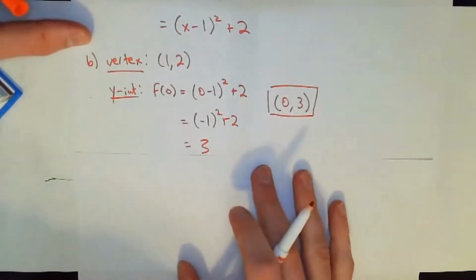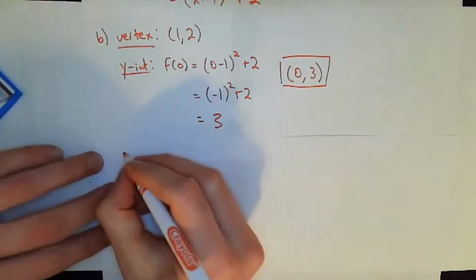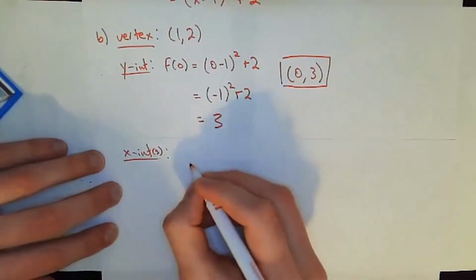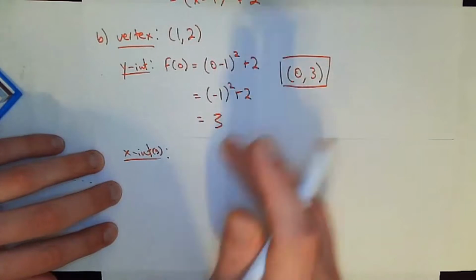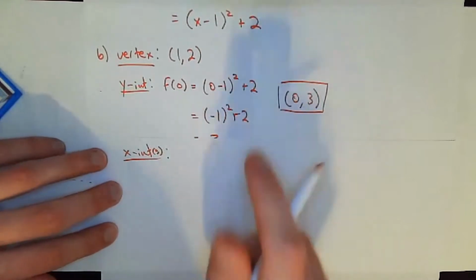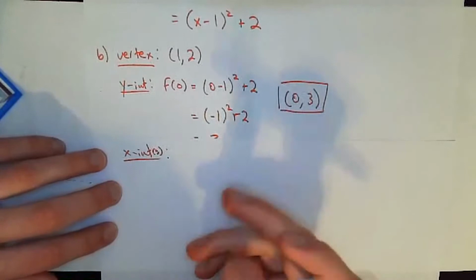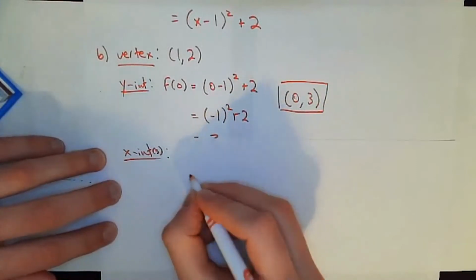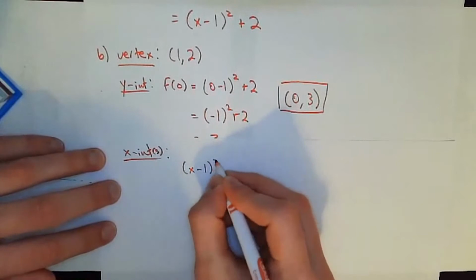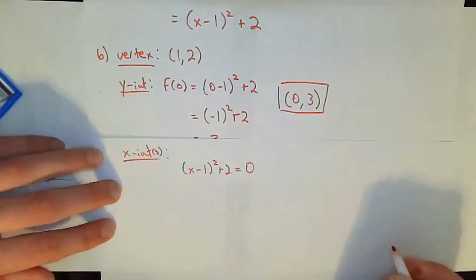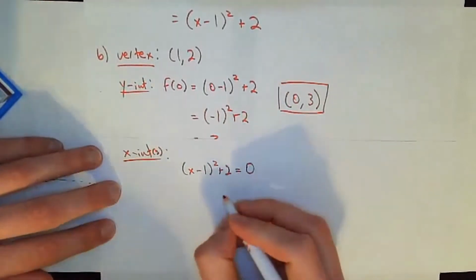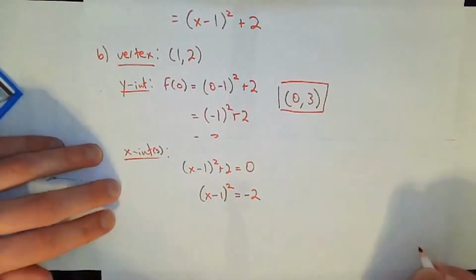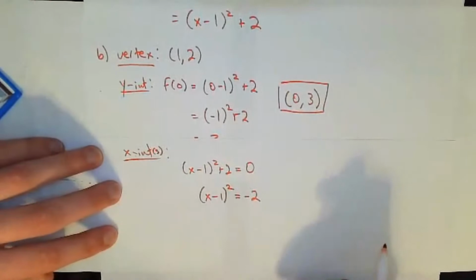X-intercepts, let's see. I'm going to take the function in standard form, x minus 1 squared plus 2, and set it equal to 0. So x minus 1 all squared plus 2 is equal to 0, and I'm going to solve for x. X minus 1 all squared equals negative 2, just scooting stuff across the equal sign.